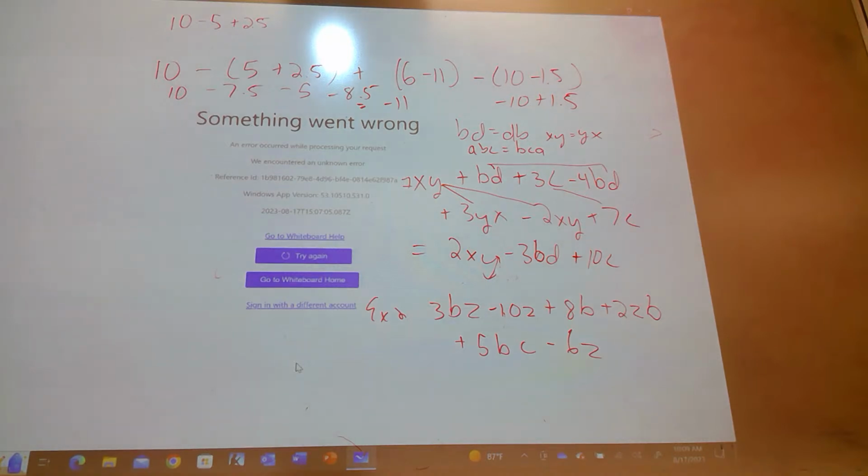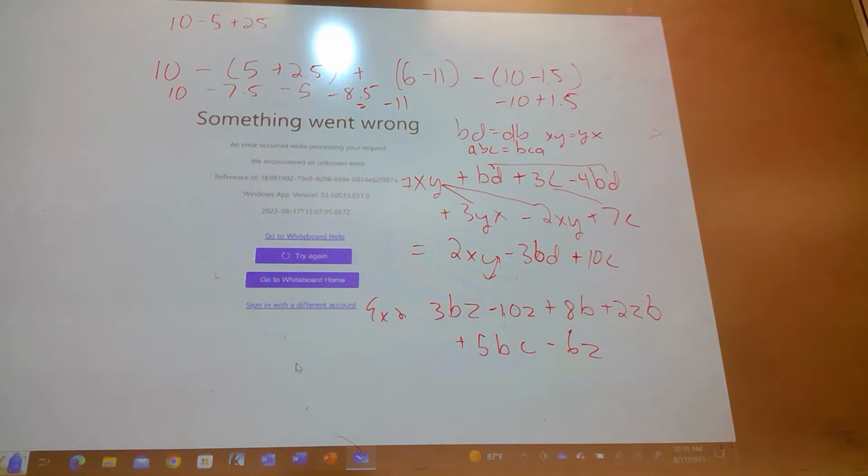So you have 2 with a Z, with only a Z. Can you combine BZ and Z? No, they're not the same thing. You have to have the exact same letters. You have a BZ and a ZB, those are the same.